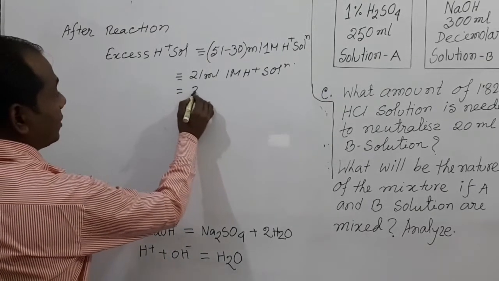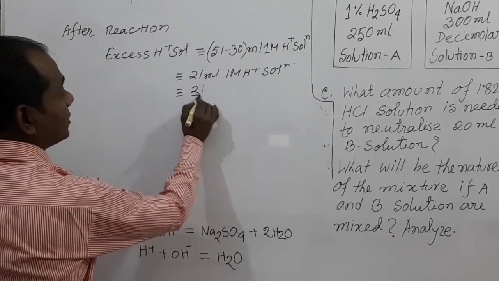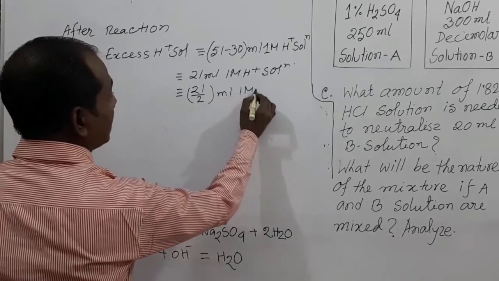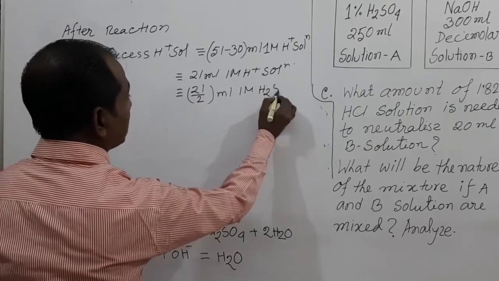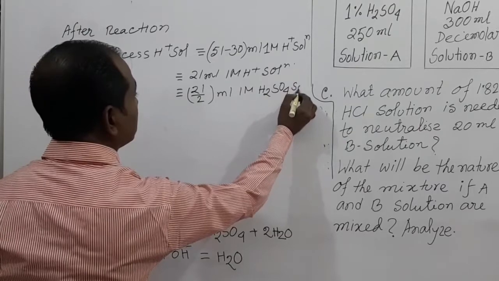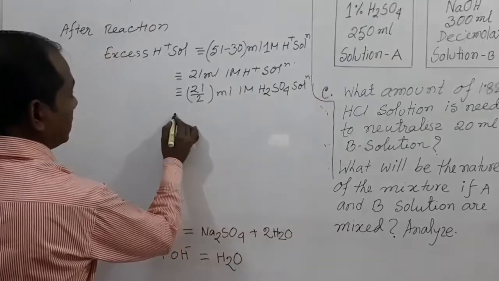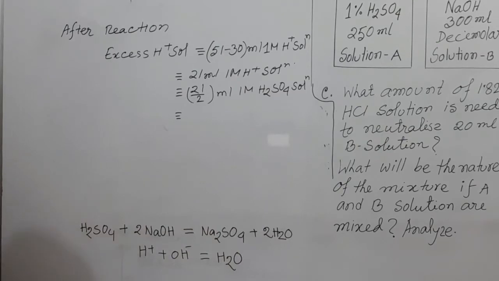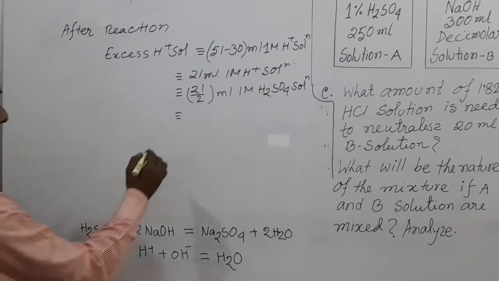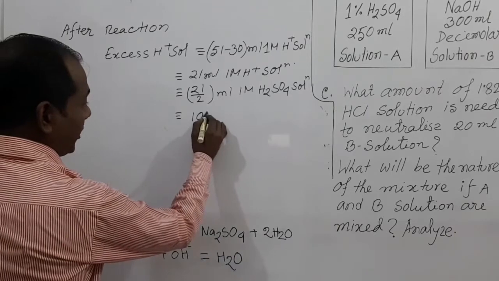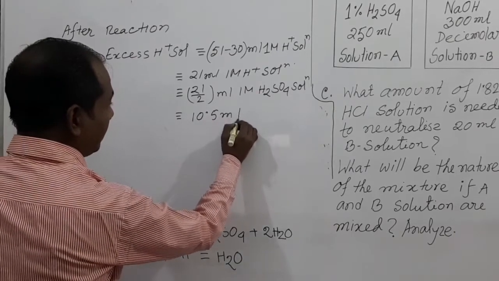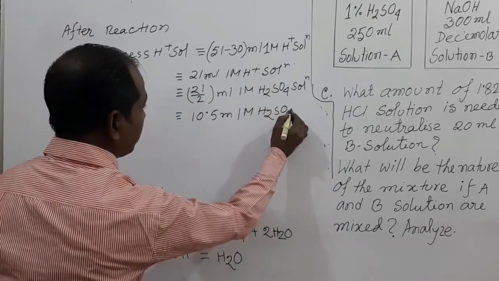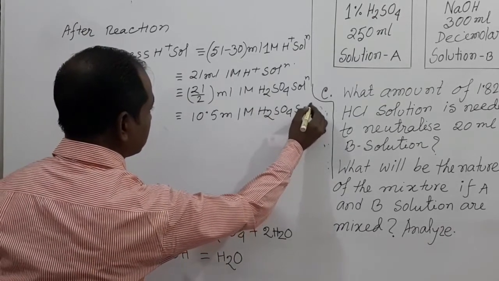That means 21 divided by 2 ml of 1 molar H2SO4 solution, and we get the answer 10.5 ml of 1 molar H2SO4 solution.